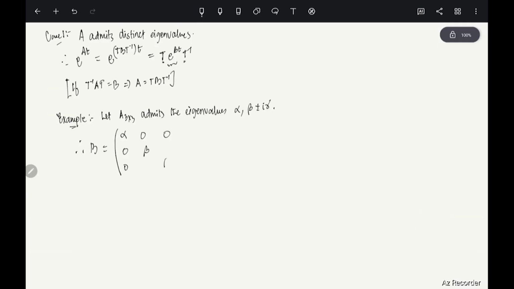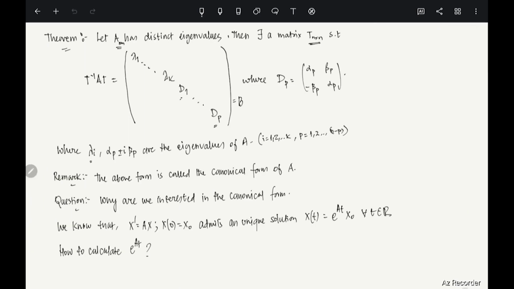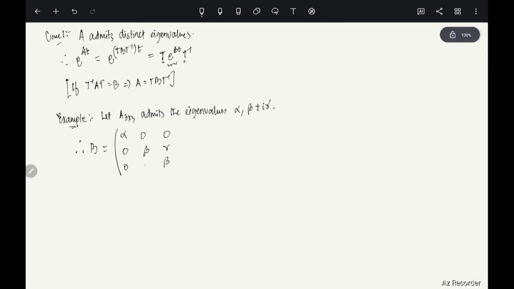So beta, clear, and then what is it? This is gamma, minus gamma. This is going to happen. Is this clear? I hope this is clear. Okay, so in this case, this is the matrix which you are going to get, this almost diagonal matrix which we are talking about.